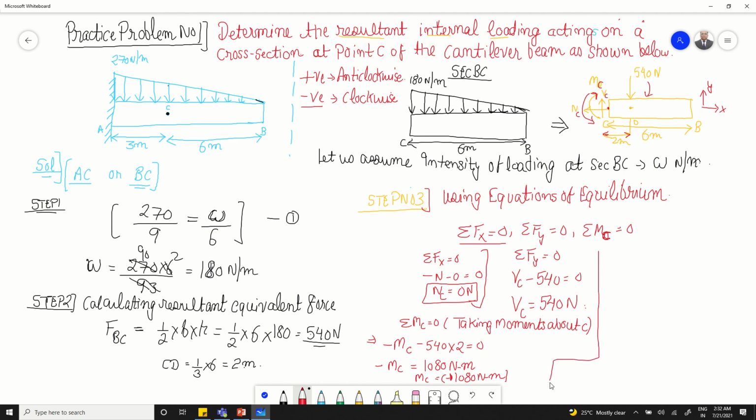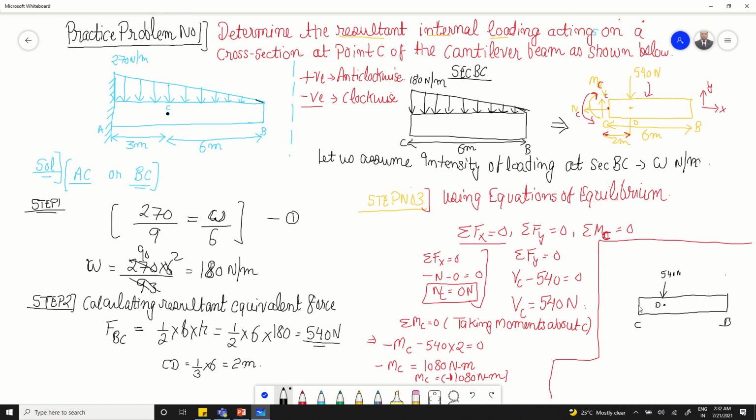So let us draw the internal forces across the section BC. Oops, let me draw a straight line. Let us say this is section point C, point B and point D. It is subjected to a load of 540 Newton.